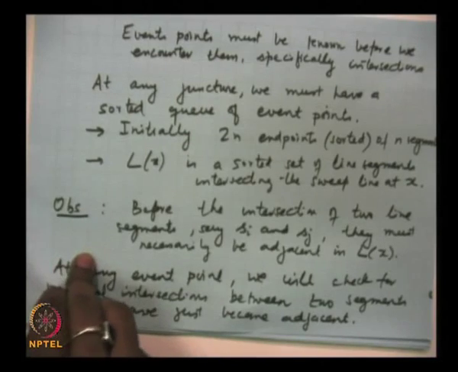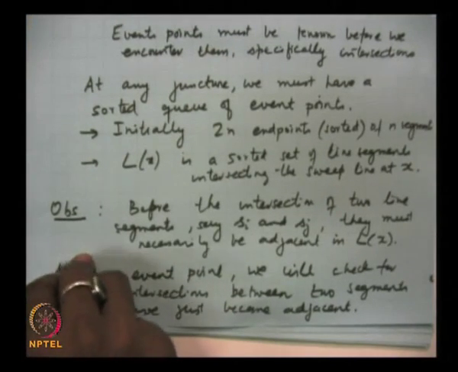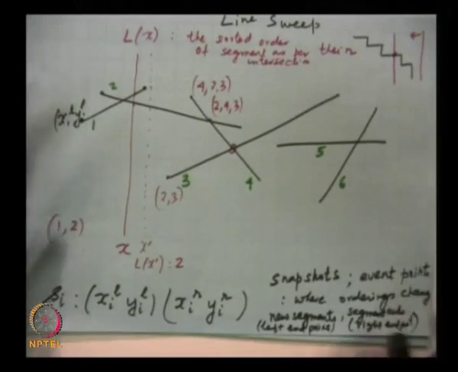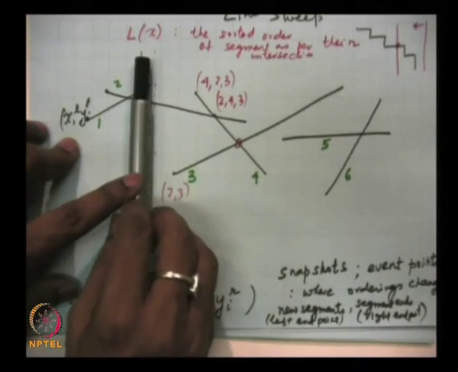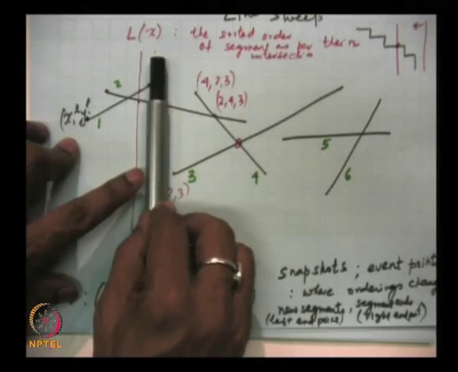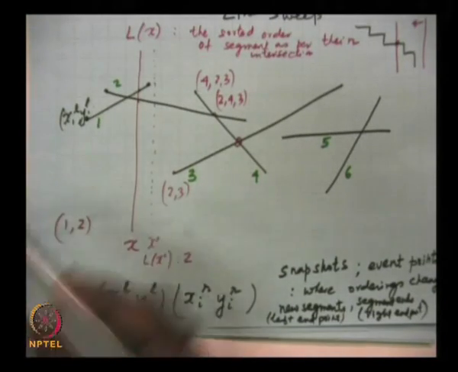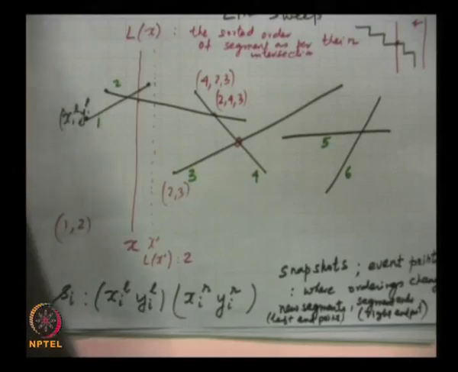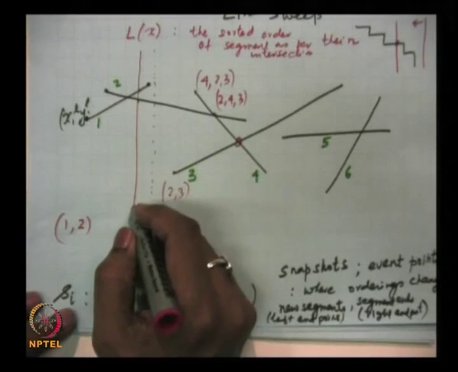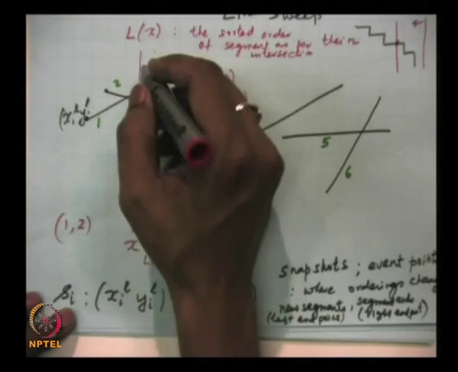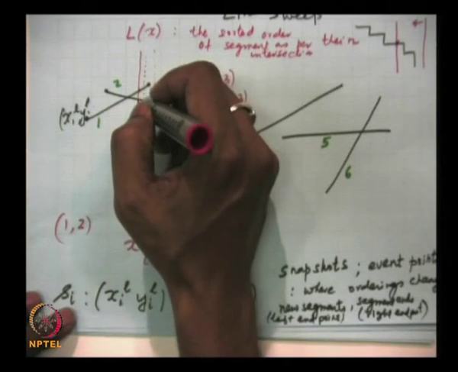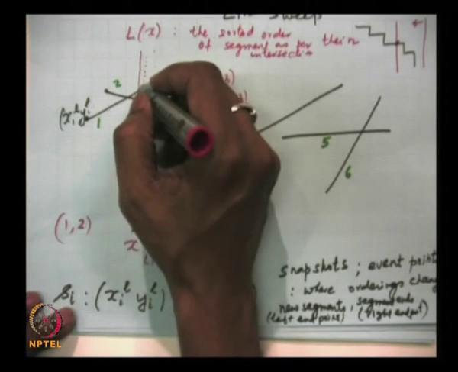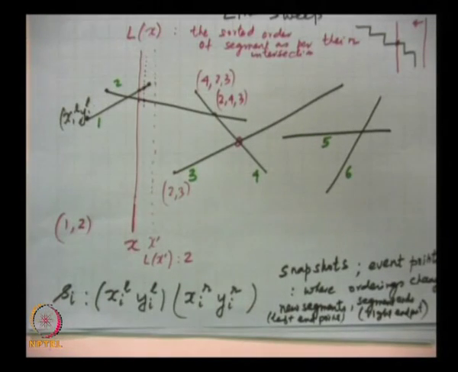Of course, the actual intersection points will change continuously, because as we move the vertical line, the actual intersection point is going to change. So, as we move from this line to this, sorry, not even that, just an infinitesimal change, obviously the actual intersection points are changing, but we are only bothered about, or we only record, where the sorted order is changing.